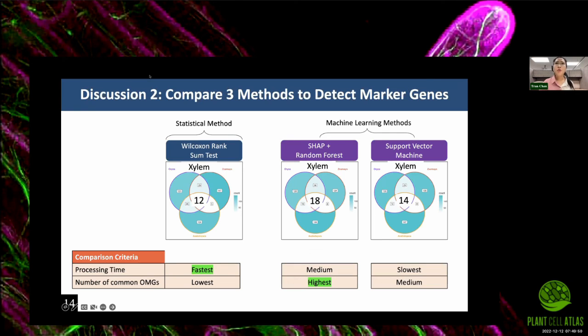Actually for this one, we apply the machine learning method to identify the marker genes, and then we use OrthoFinder to convert the marker genes into orthologous marker genes. We don't apply the machine learning model to identify the OMGs. So we apply machine learning to identify the marker genes.